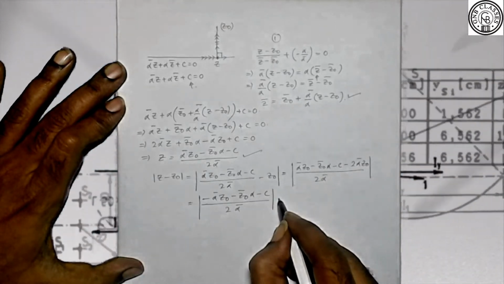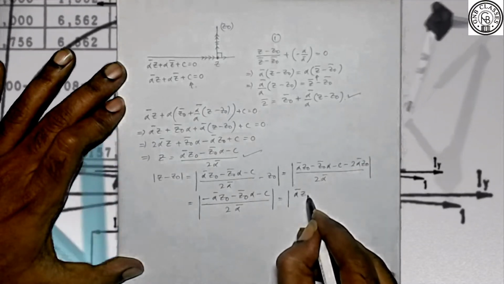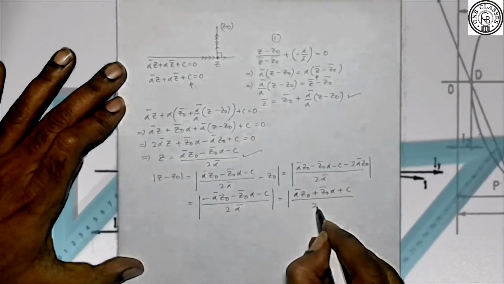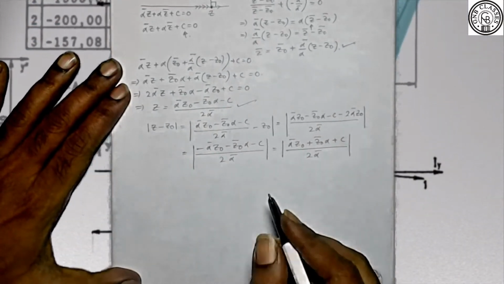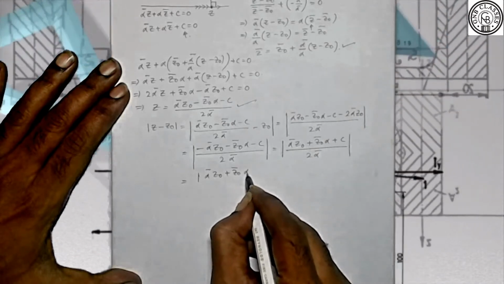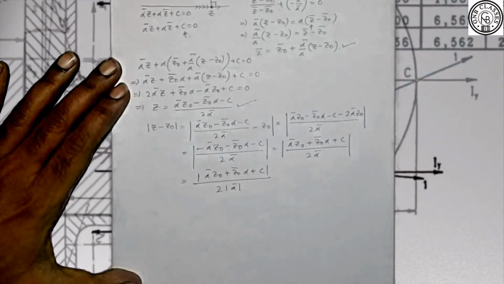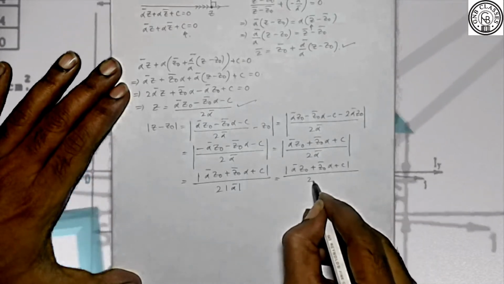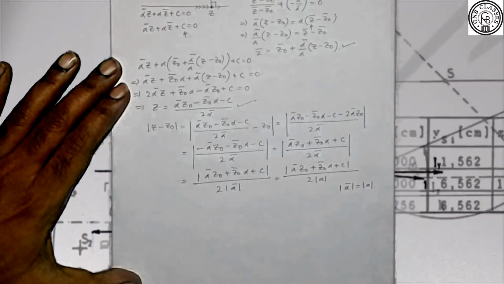So again I can take a minus outside because there is a mod sign, so the minus will vanish. So alpha bar Z0 plus Z0 bar alpha plus C divided by 2 alpha bar, which can also be written as mod of alpha bar Z0 plus Z0 bar alpha plus C divided by 2 of mod alpha bar, which can also be written as 2 of mod alpha, because we know that mod of alpha and mod of alpha bar are the same.